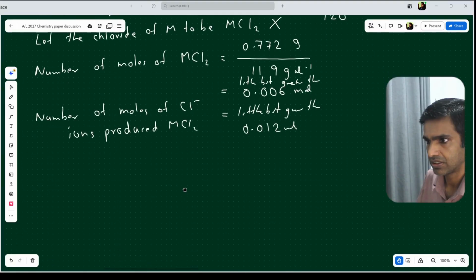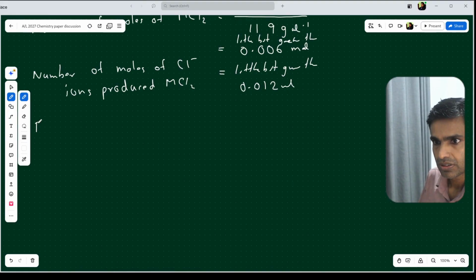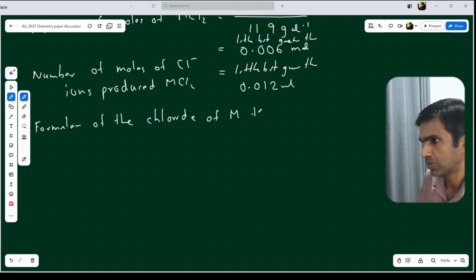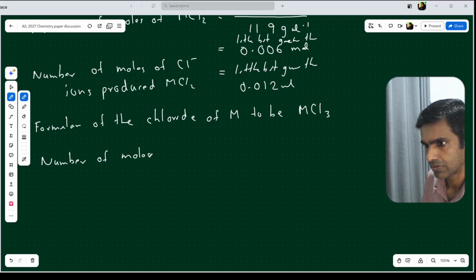Then let's take the formula of the chloride of M to be MCl3. Then we can calculate the number of moles of MCl3.